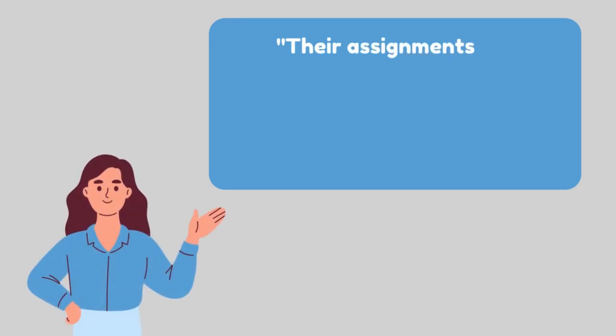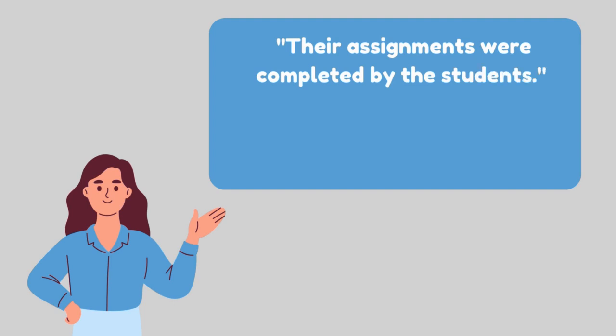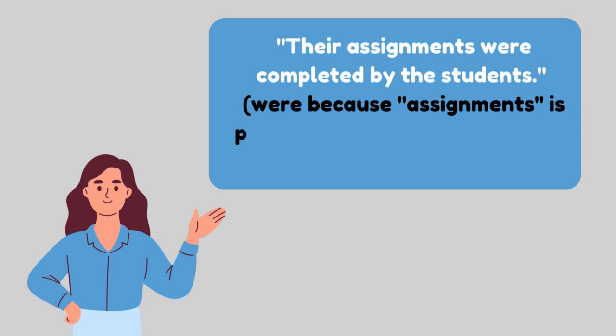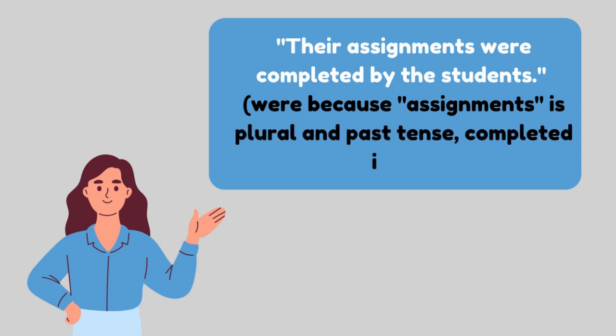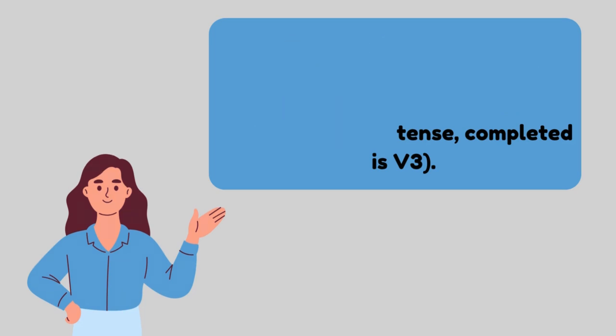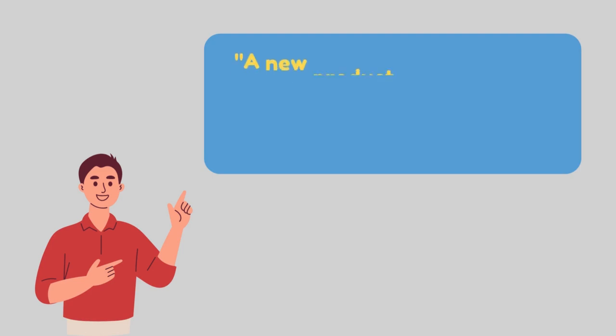The first one, the students completed their assignments. What is the passive voice of this sentence? Yep, exactly. Their assignments were completed by the students. Is your answer correct? Good job. Next, active voice.